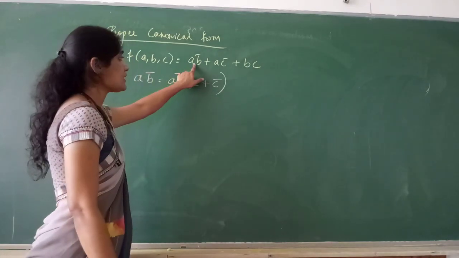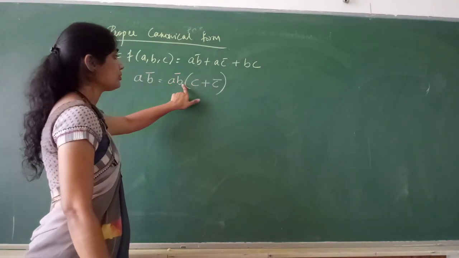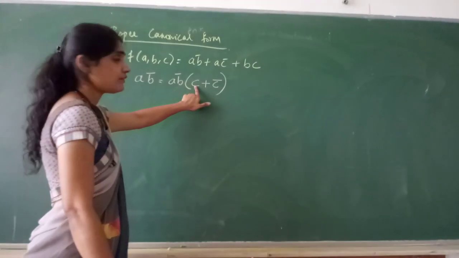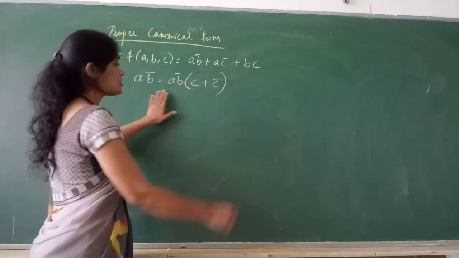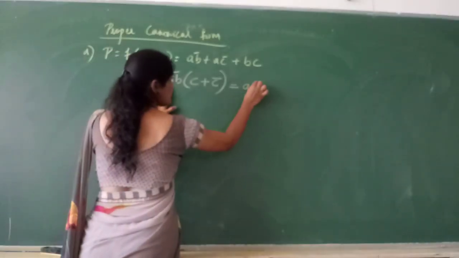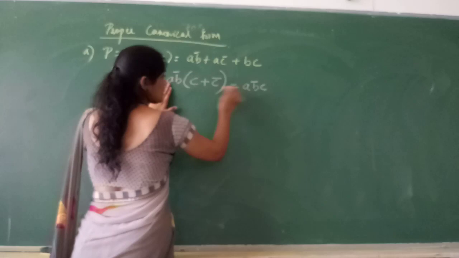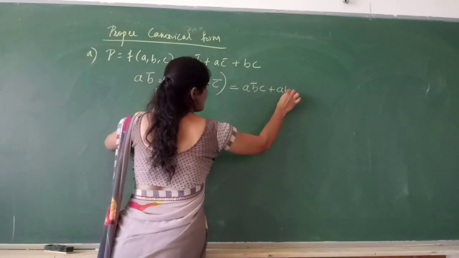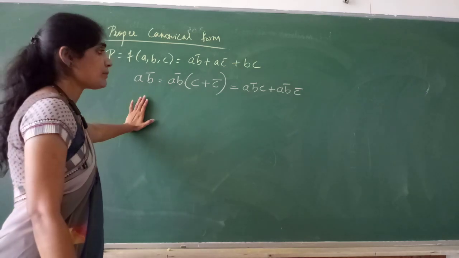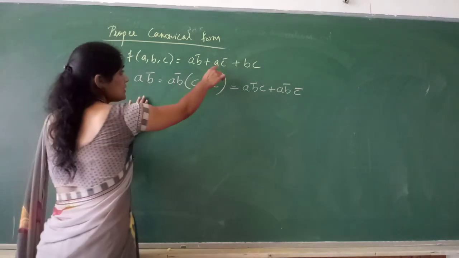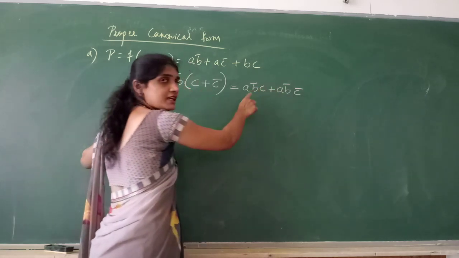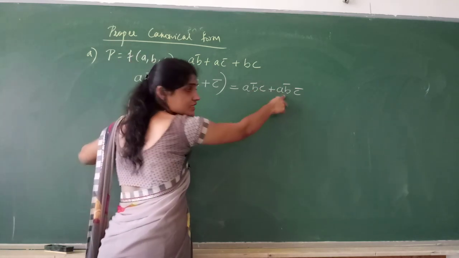In this, the missing variable is C. So, into AND operation C plus C bar, the variable and its complement. If you multiply this, what do you get? A, B bar, C plus A, B bar, C bar. Now all the 3 variables are there? Yes. So this is a min term, this is a min term.